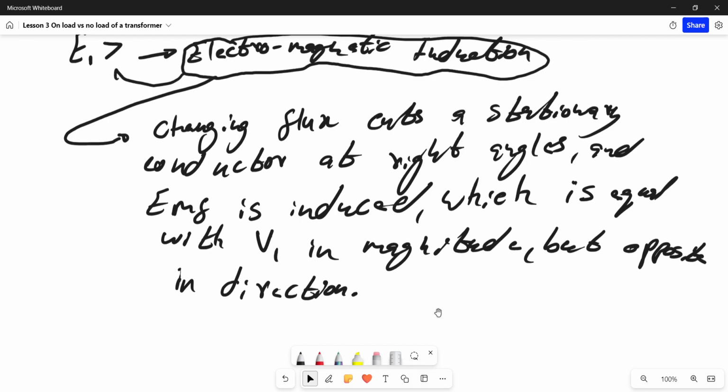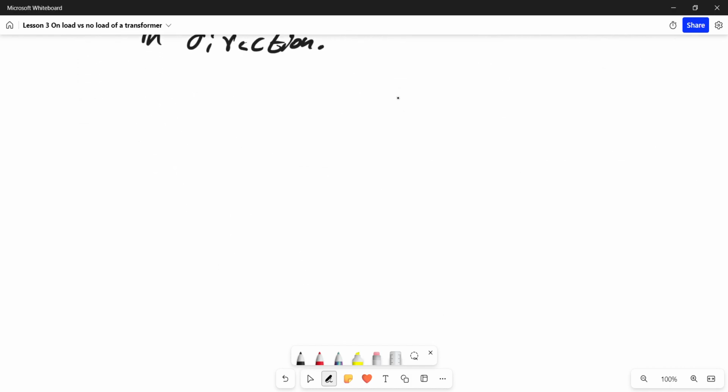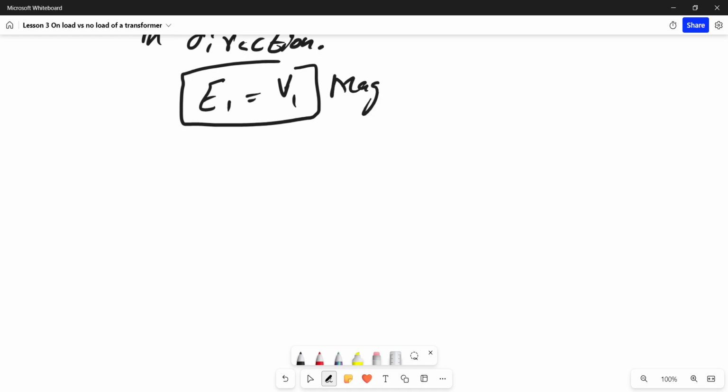All right, this means that E1 is equal to V1 in magnitude, but they're opposite in direction to each other.